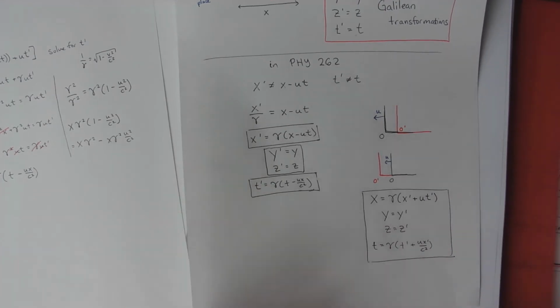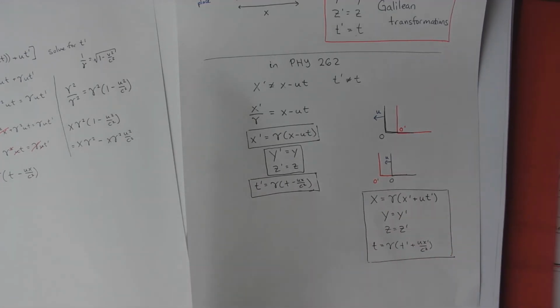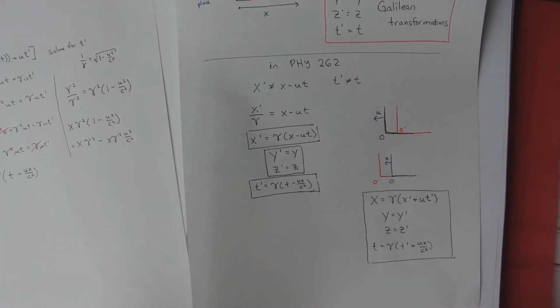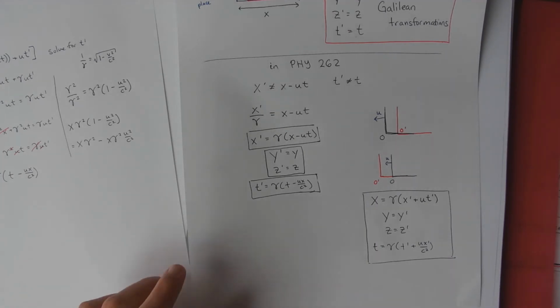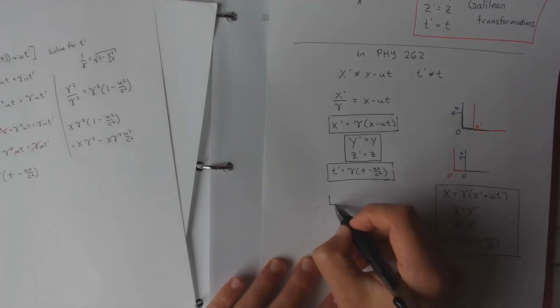So you really only need to remember one set of these four equations, and the y and z equations aren't really a big deal. So if you can remember these two equations, you don't really need to have these equations written out. As long as you remember to go the other way, you just change the primes to the unprimes and change the sign of the velocity. So these are the Lorentz transformations.